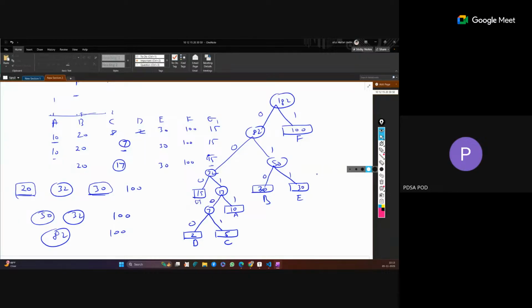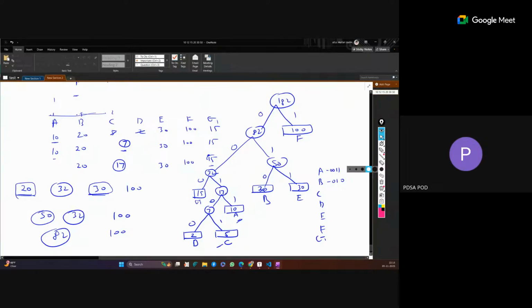and generate the code. So A, B, C, D, E, F, G. For A, it is here, so just traverse 0 0 1 1. For B, B is here, so 0, 1, 0. C is here, so 0, 0, 1, 0, 1.